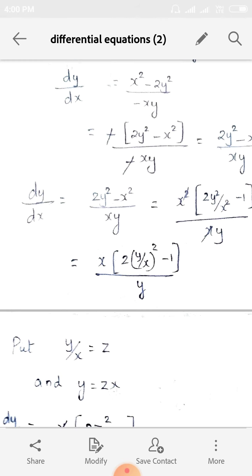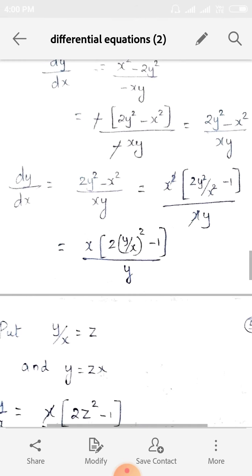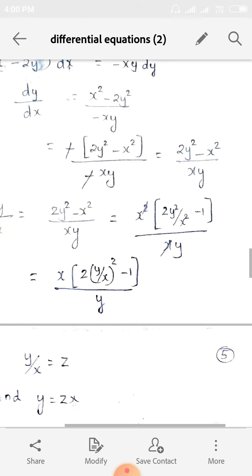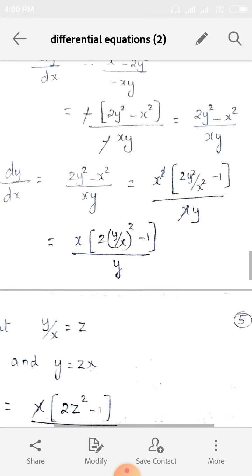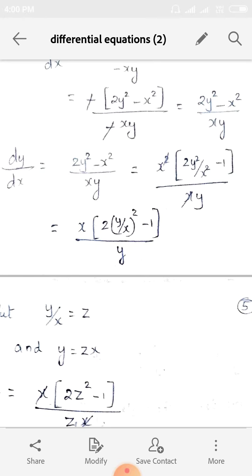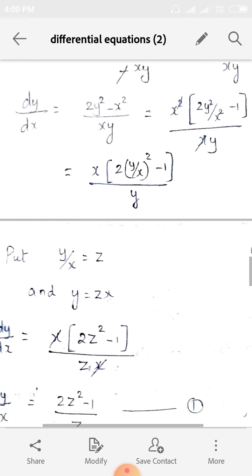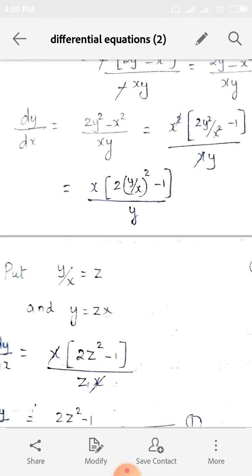Next step is, from the numerator, take x square outside. We get x square into 2y square by x square minus 1 divided by xy. Right. The next step is, see the numerator contains x square and the denominator contains x.